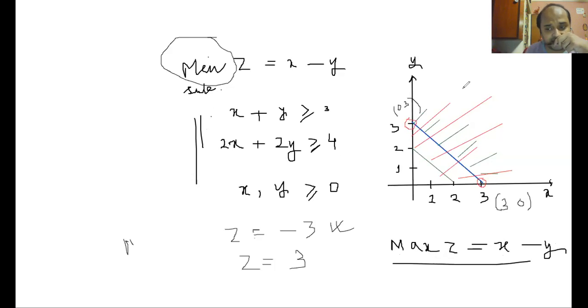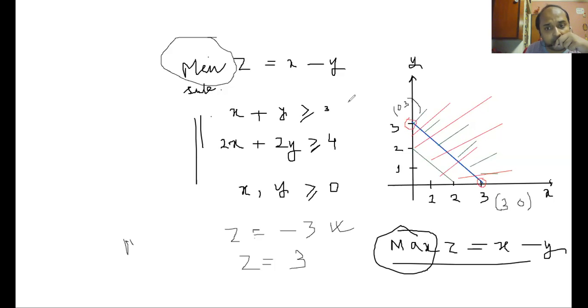But since the problem has now become maximization type, you cannot say that 0, 3 or 3, 0 will be the solution to the given problem, because they are the lowest points.